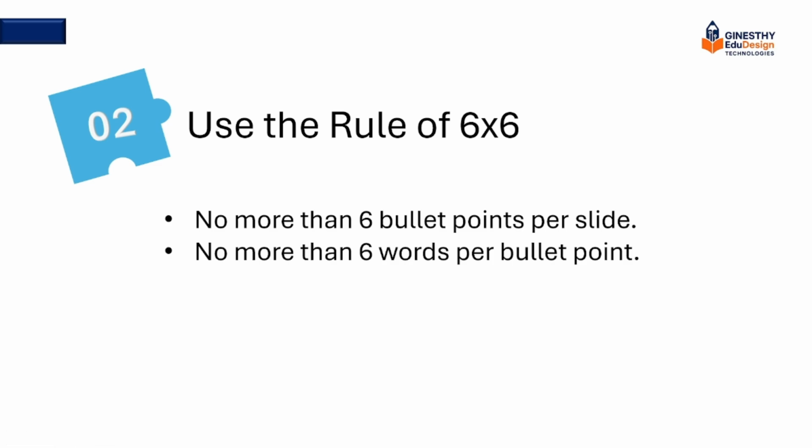So if I'm communicating to children, I may leave it at 4 bullet points per slide. If I'm communicating to maybe upper primary to secondary school, then I'll make it 6 bullet points. So you must know the audience you're talking to, but not more than 8, because it would overcrowd.